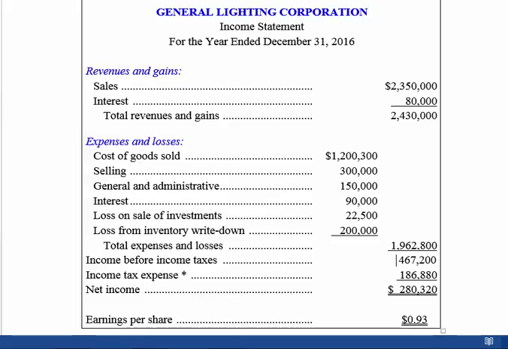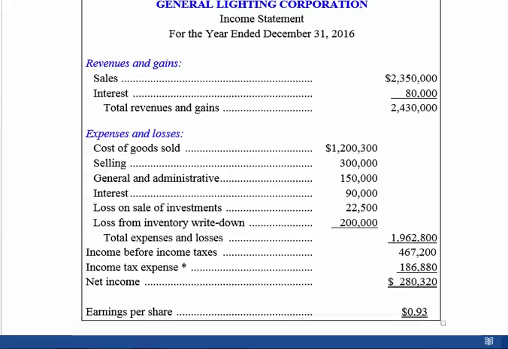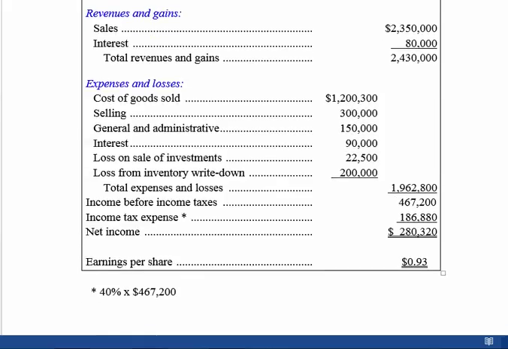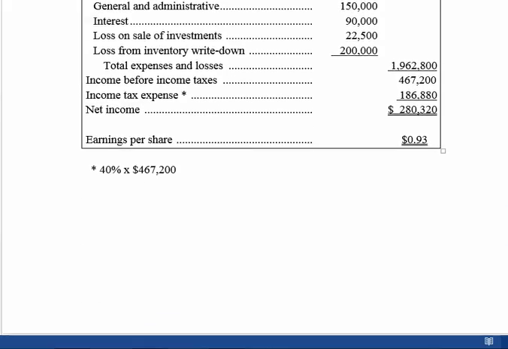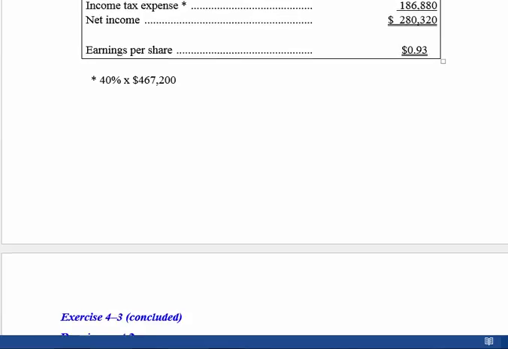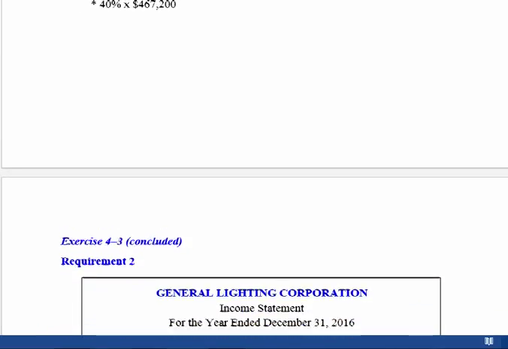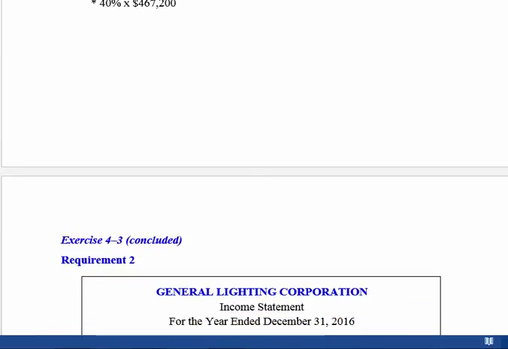Okay, now you're going to see that the multiple step looks quite a bit different. It's really the preferred format. Let's take a look at it next. Alright, there's no change in the heading. General Lighting Corporation income statement for the year ended December 31, 2016.